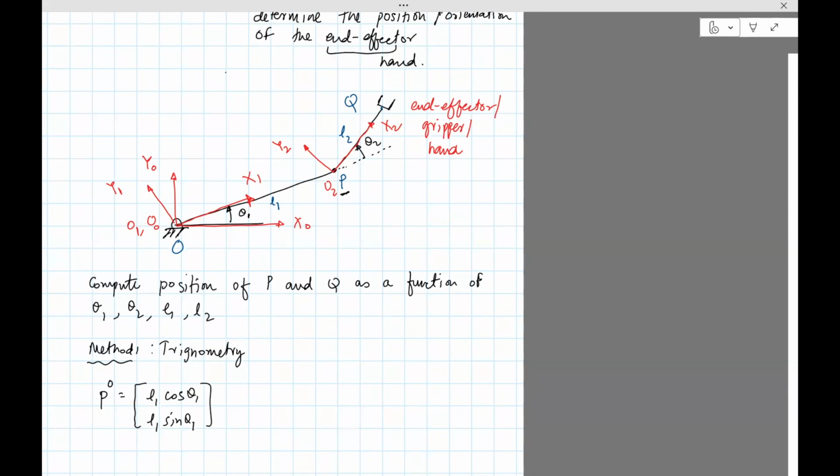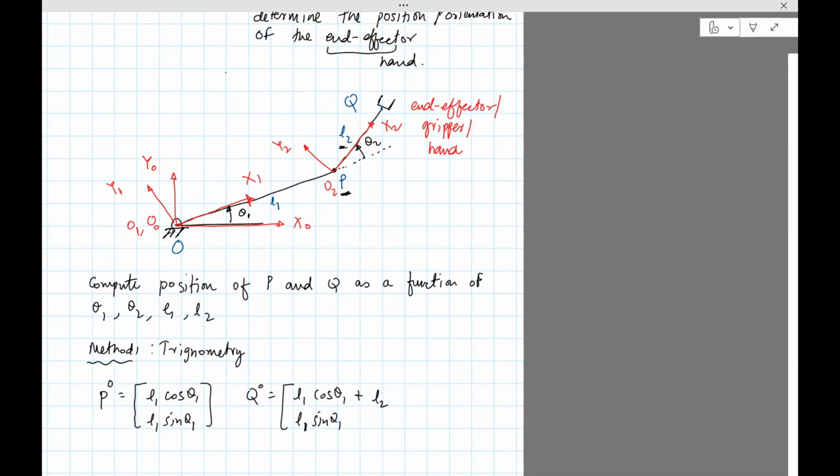So similarly for Q, in frame 0, it will be L1 cosine theta 1, L1 sine theta 1. This gives you the position of P, but then you need to add to it the additional distance due to L2. So that will be plus L2.